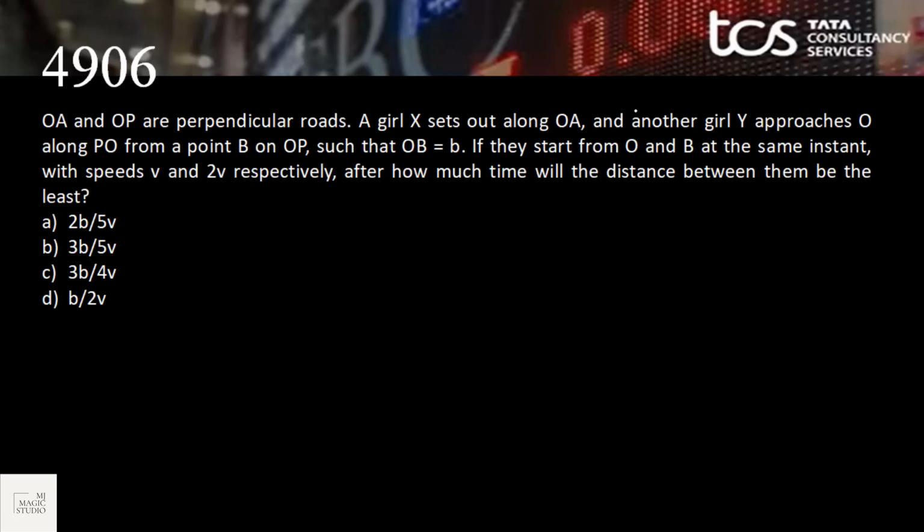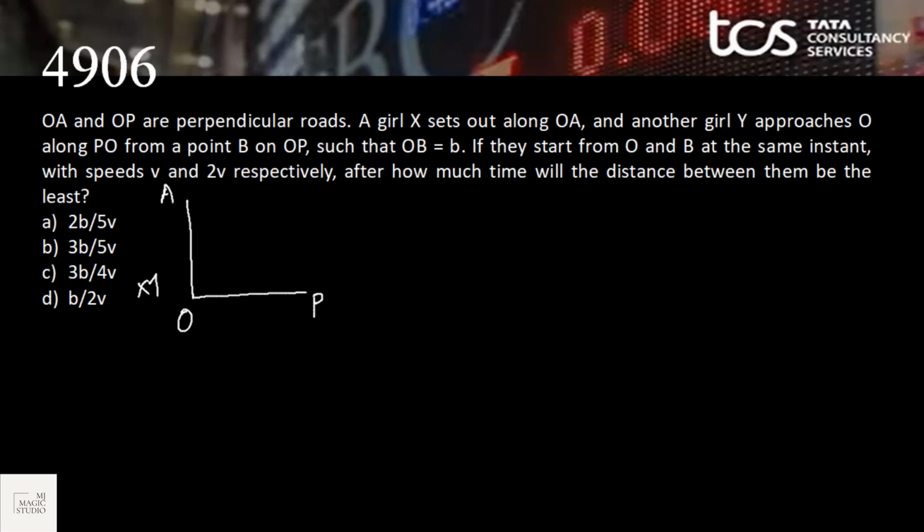Technically a very strong example which we would be solving. OA and OP are perpendicular roads. So the common point is O, and let them be OA and OP. A girl X set out along OA.